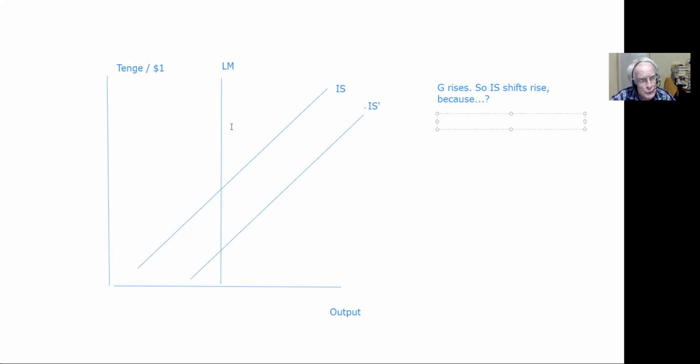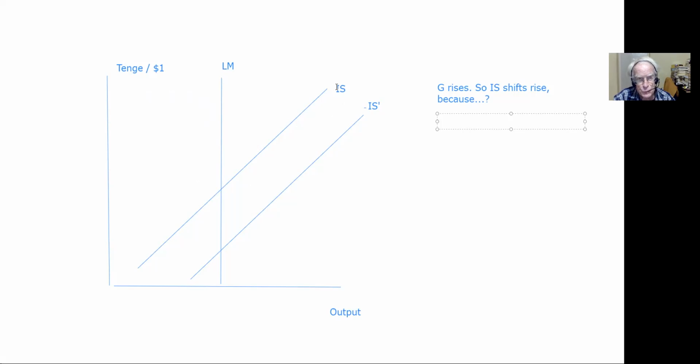Well, let's see. Given the exchange rate, as you say, GDP is going to rise. And that is the case for any exchange rate at all.